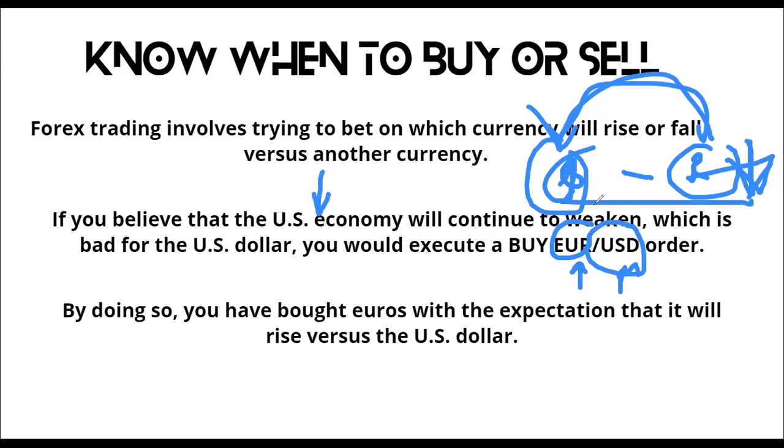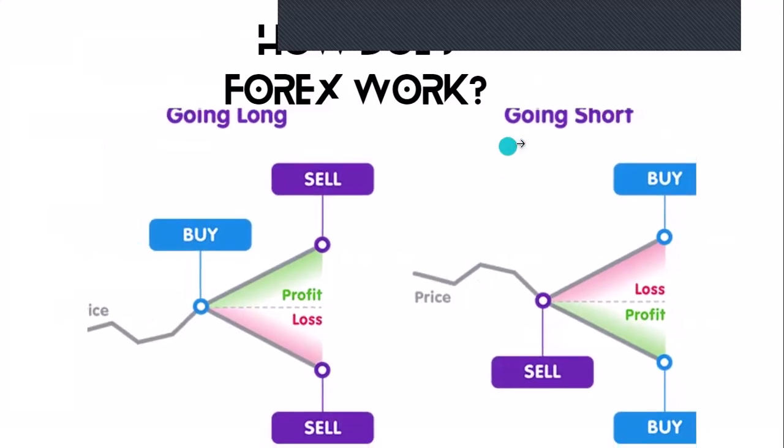In other words, you are making a profit, because if you change back, you will get more US dollars with the Euro than those which you have used to buy that particular currency, which is the Euro in this example. So you have bought euros with the expectation that the euro will rise versus the US dollar, and by so doing, you'd have made a profit in the event that the US dollar is actually going to fall.